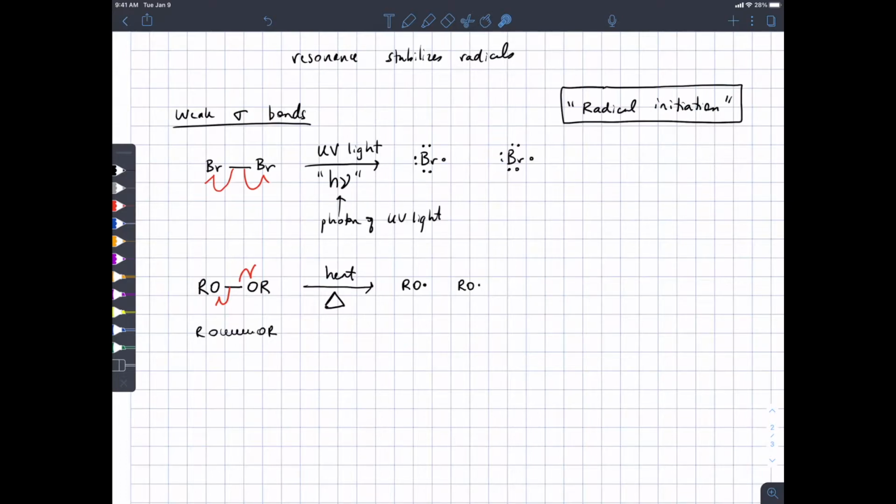So why is it then that we do end up with a free electron? So why is it that we end up with an electron on either bromine? And they don't. I suppose that's the most stable way for it to fall apart.